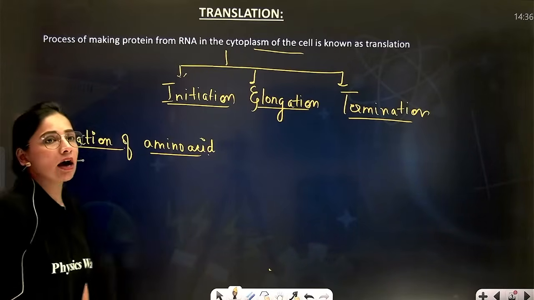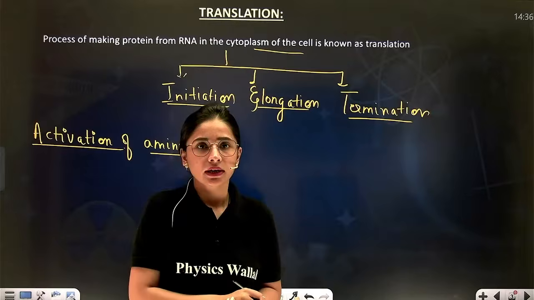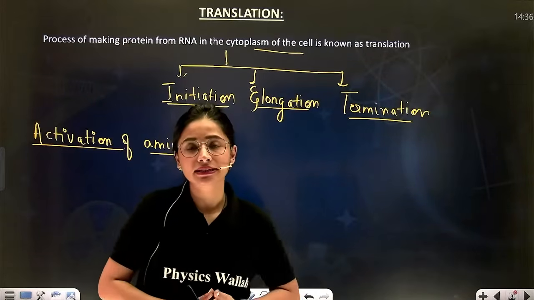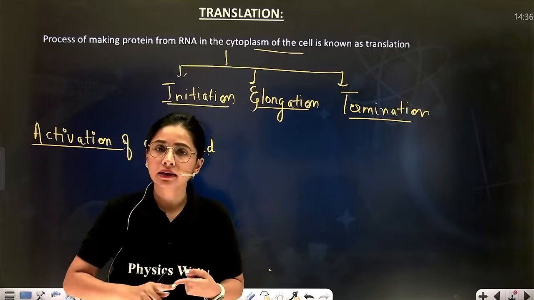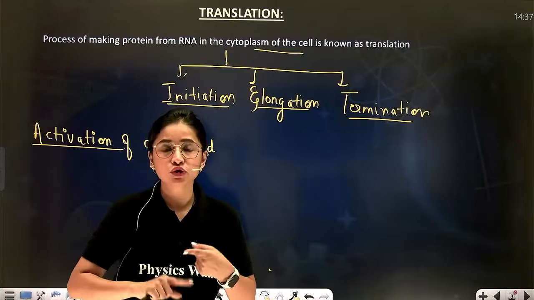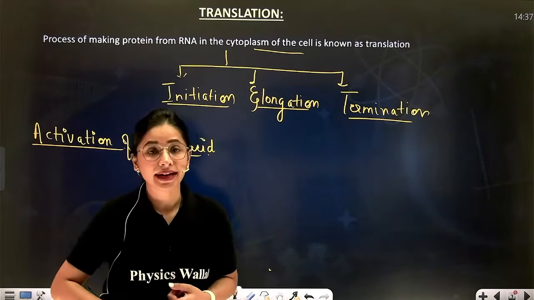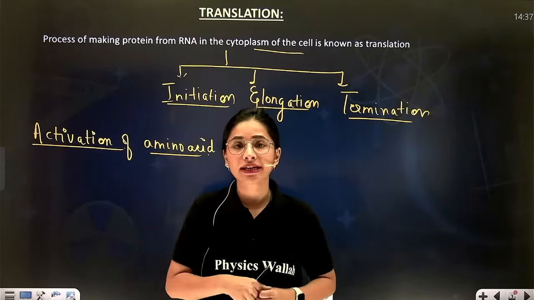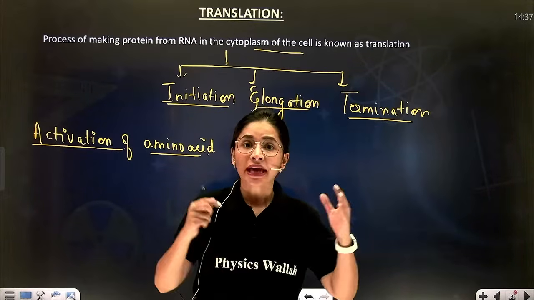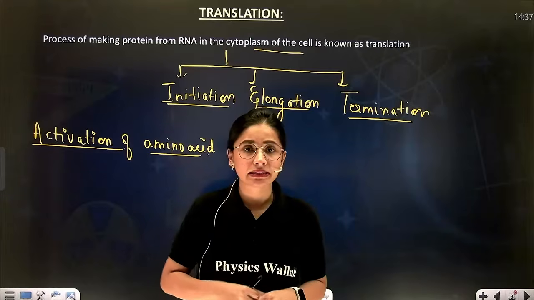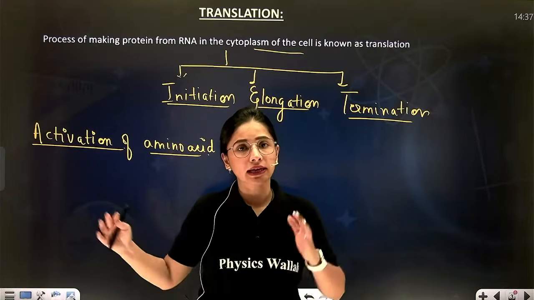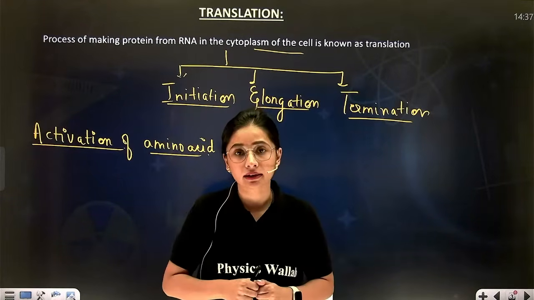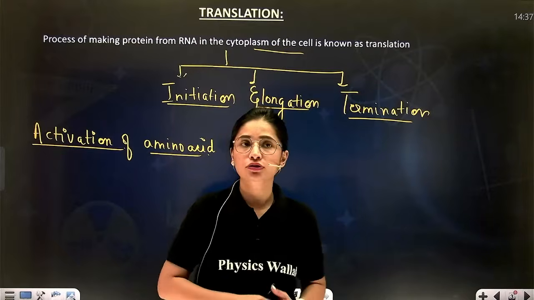Now, there are certain requirements for translation that I should tell you. An mRNA chain is required, a ribosomal unit is required, magnesium ion concentration is required so that the two ribosomal assembly units can be brought together. Energy in the form of GTP is required. Different types of tRNA and amino acids are required for the whole process of translation.